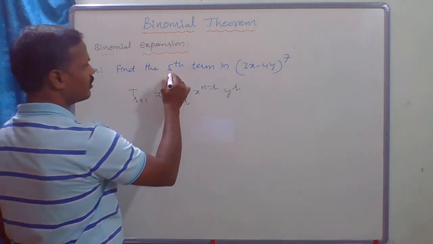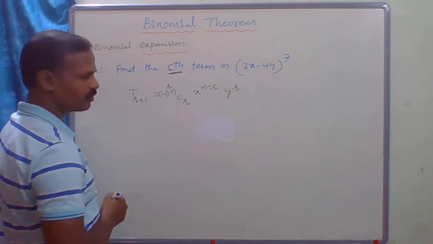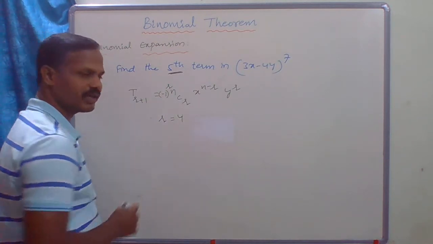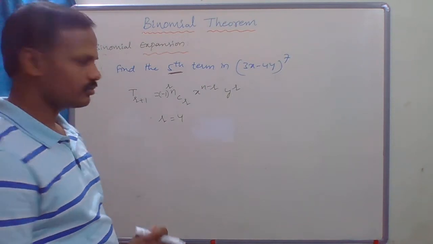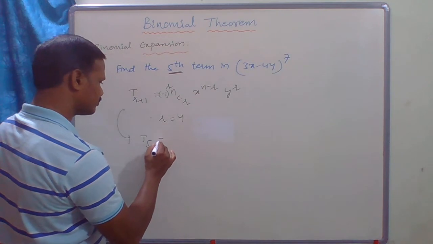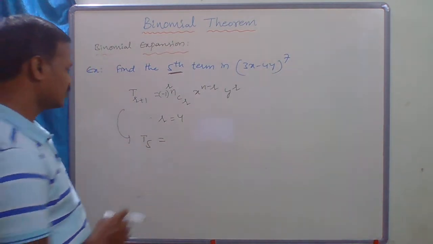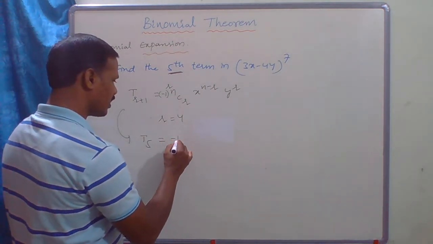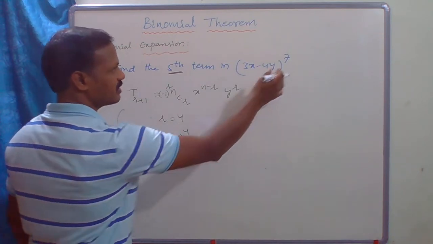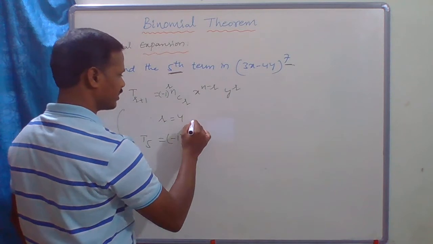Now you have to find the fifth term. So what is r? r equal to 4. You have to take r equal to 4, then this becomes t5. So t5 equal to (minus 1) power 4 ncr. What is the n value? n value is 7, r equal to 4.